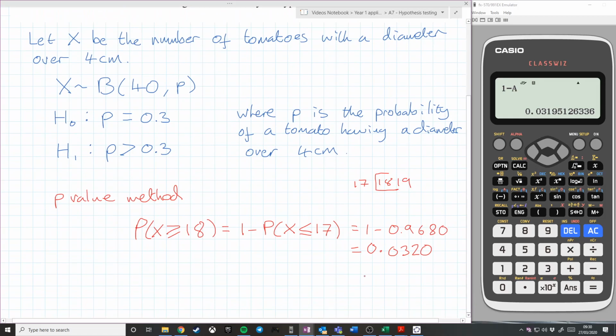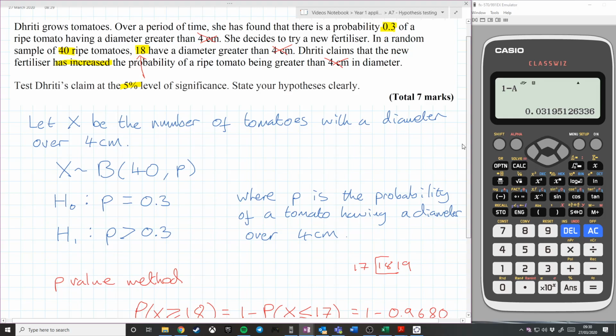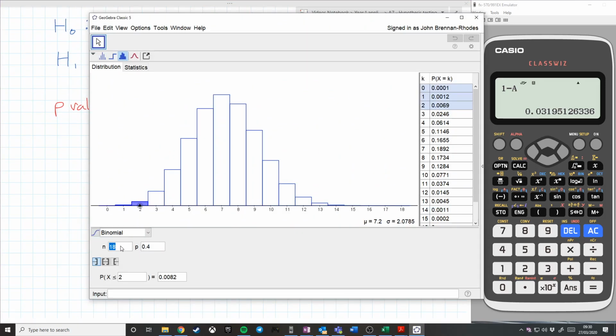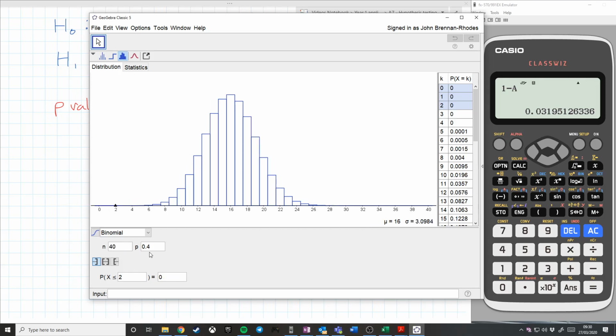And the crucial thing is that this value, 0.0320, is less than the significance level of 5%. We are in the critical region. I'm just going to quickly show you that on a graph here. We've got n is 40.